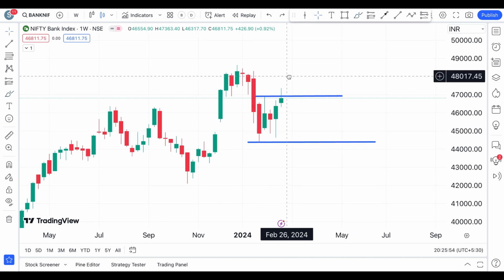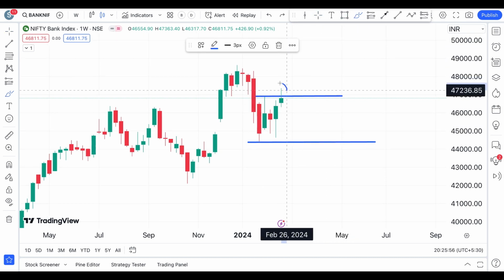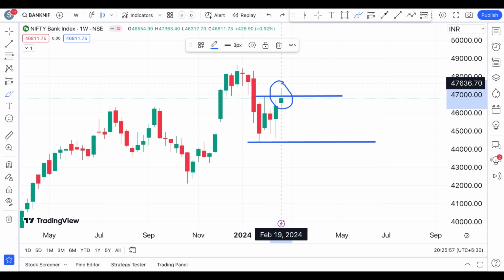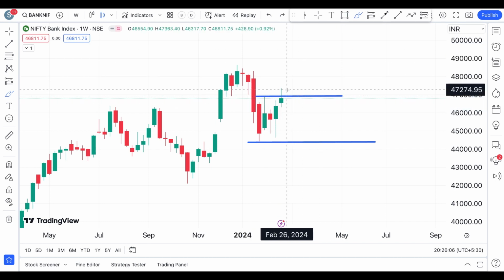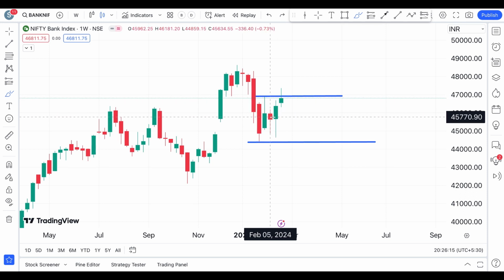Now if you notice the previous last week action, this is the last week Bank Nifty's price action. We are yet to see the breakout, but considering the highs compared to the previous candle, we have a higher high, higher low, and also a good higher close when compared to the last week's price action.